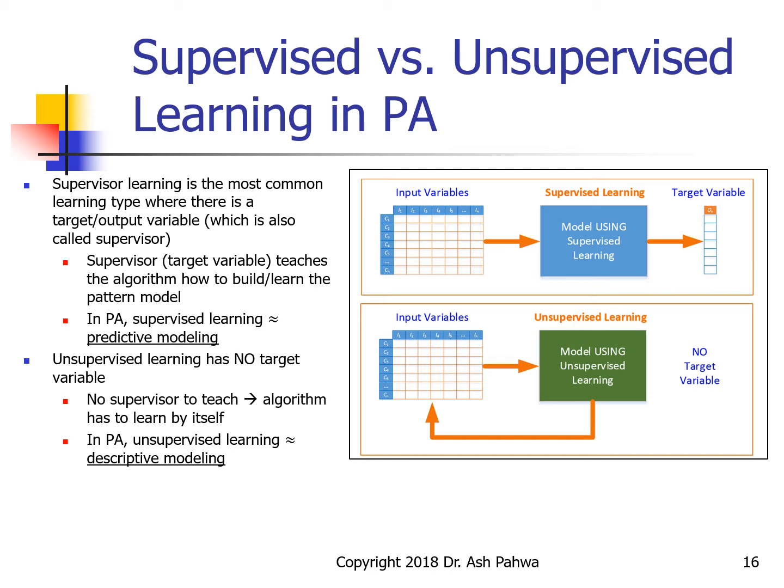The supervisor basically teaches how to build the model. In unsupervised learning, there is no target variable. The unsupervised learning methods are clustering and principal component analysis, and in the next slide we are going to see how we can divide our learning methods into supervised and unsupervised methods. The unsupervised learning methods are only two, but the rest of them are supervised.